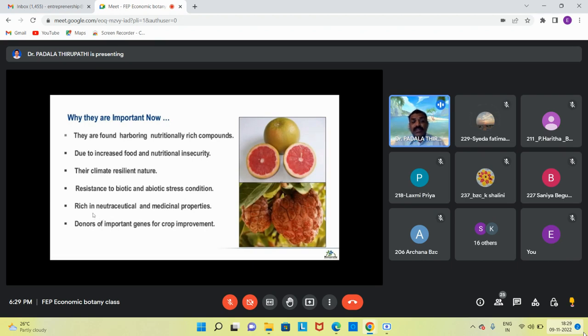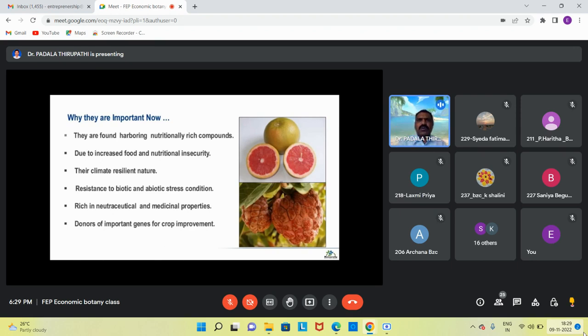They are also rich in nutraceutical and medicinal properties. My dear friends, remember, each fruit has its own medicinal value. Maybe micronutrients, maybe lots of antioxidants, which are useful for protection from different diseases like cancer.